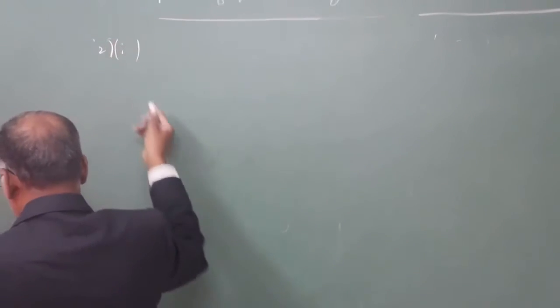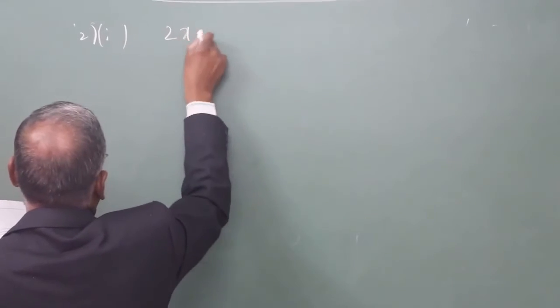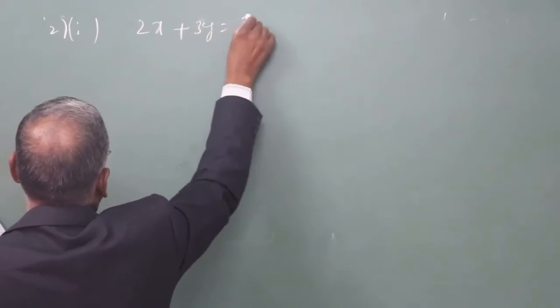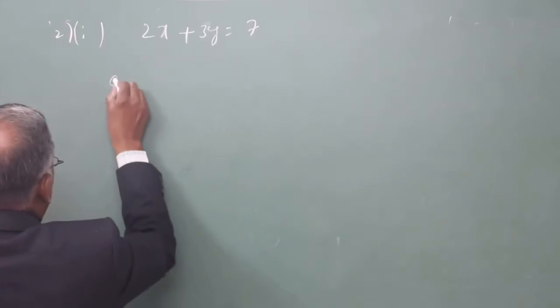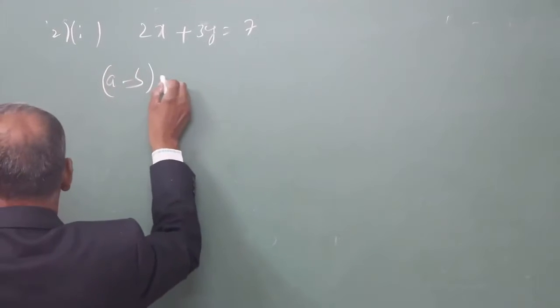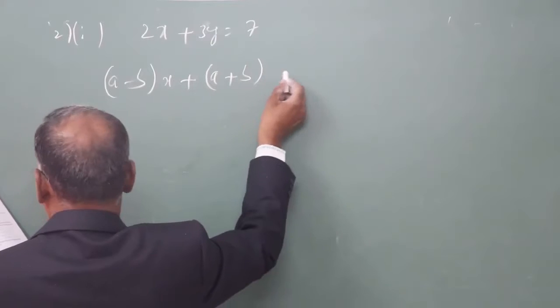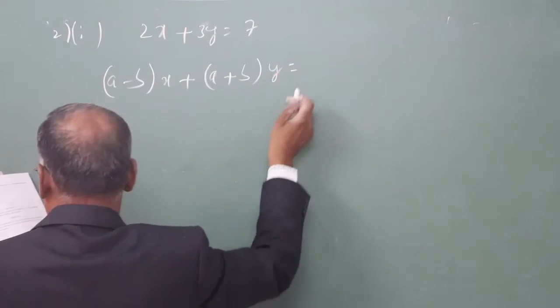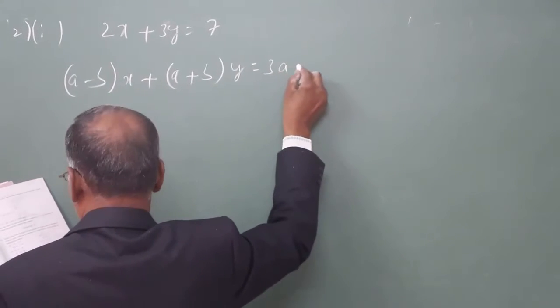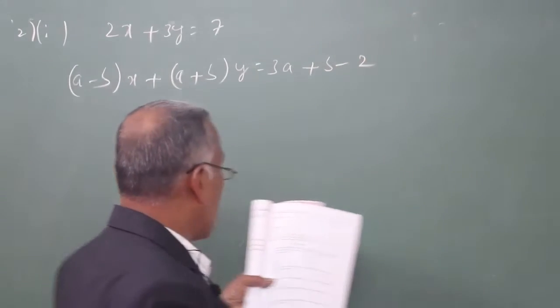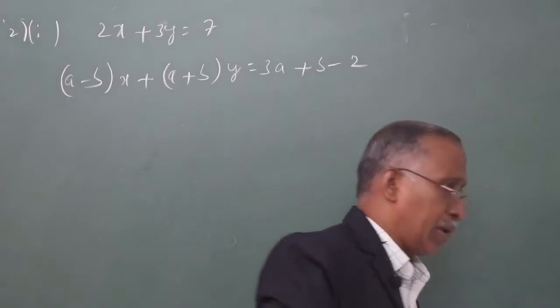First linear equation they have given now, 2x plus 3y equals 7. Next, (a minus b) into x plus (a plus b) into y equals 3a plus b minus 2. What did they ask? Find the values of a and b.